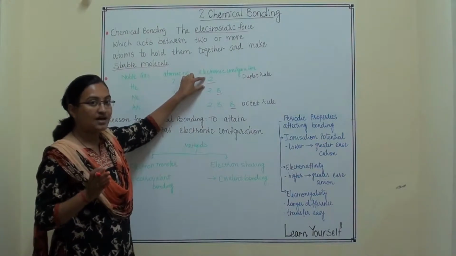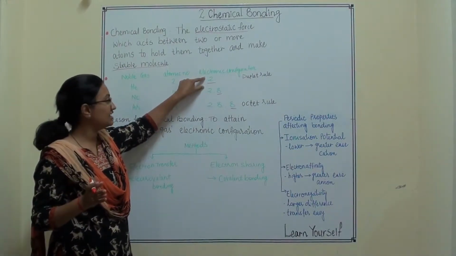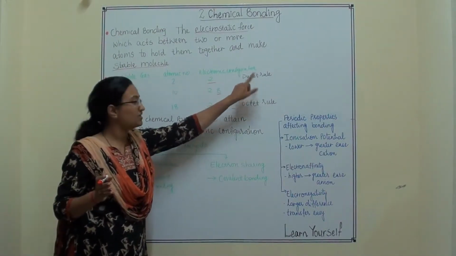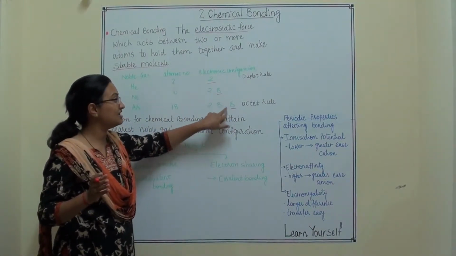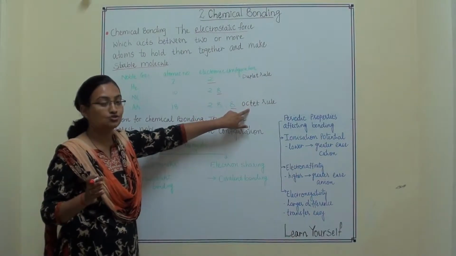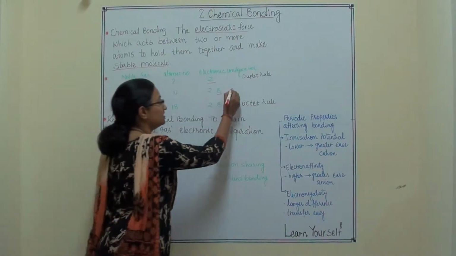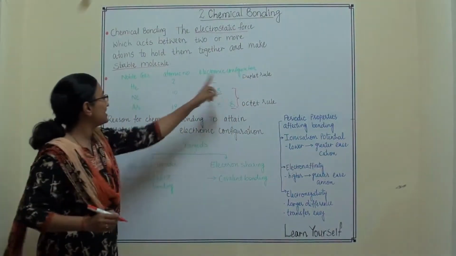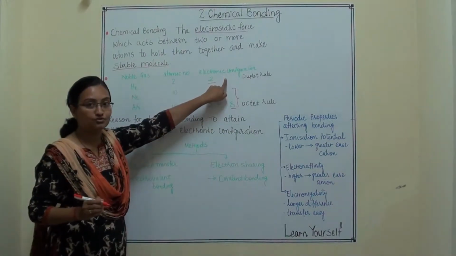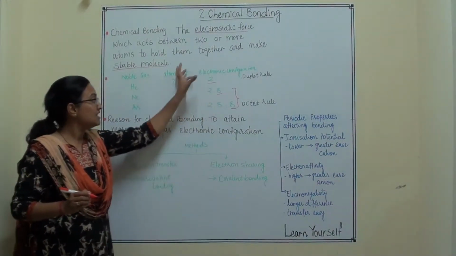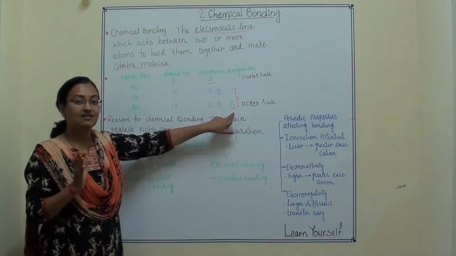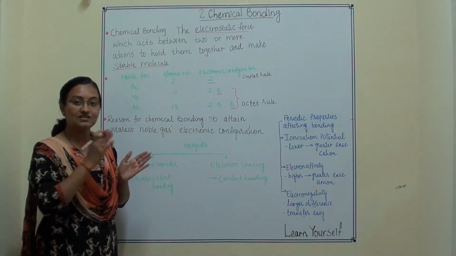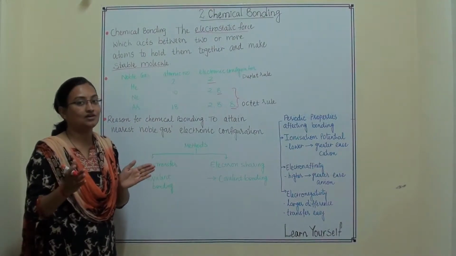Whichever atom has 2 in its valence shell is following the duplet rule. Whichever atom has 8 electrons in its valence shell is following the octet rule. So neon and argon are following the octet rule, whereas helium is following the duplet rule. That means they are stable in their valence shells. They have a complete duplet and complete octet in their valence shell.